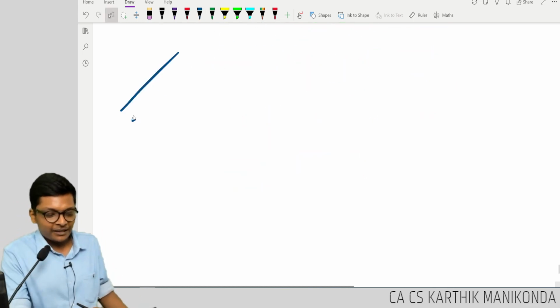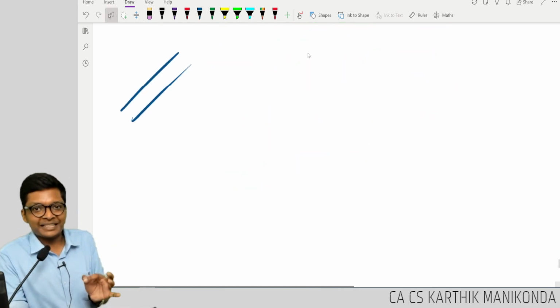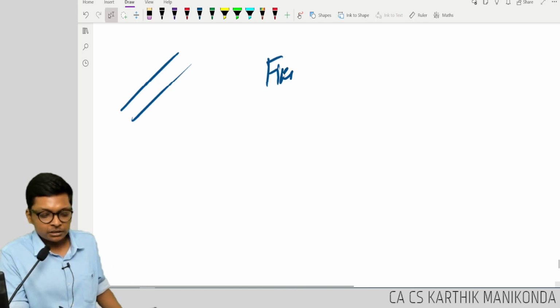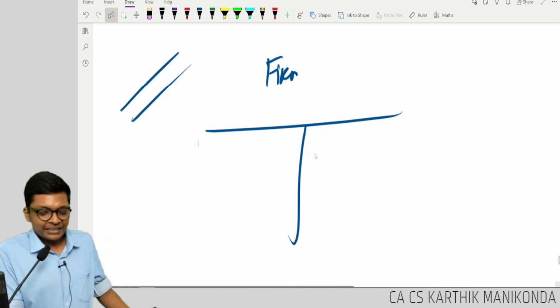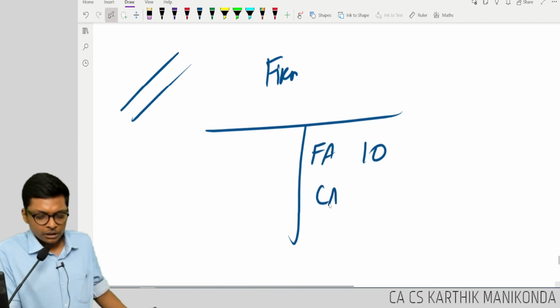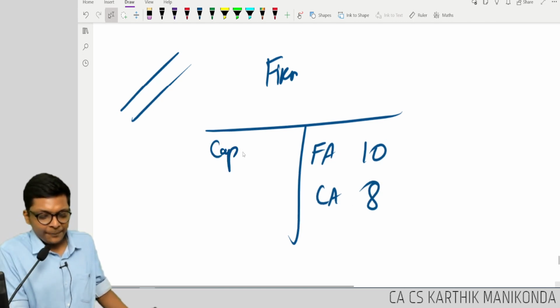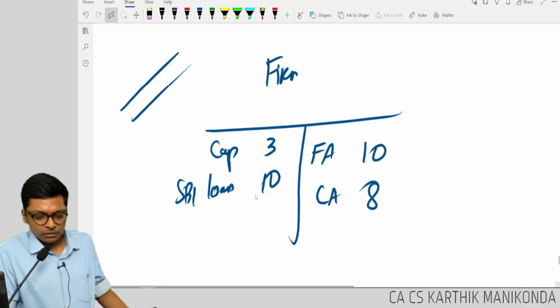Next concept, never tested: payment of firm debts and separate debts. I'll give a simple balance sheet to understand this. Let's say the company has fixed asset 10, current asset 8, then capital 3, SBI loan 10, partner's advance 5.